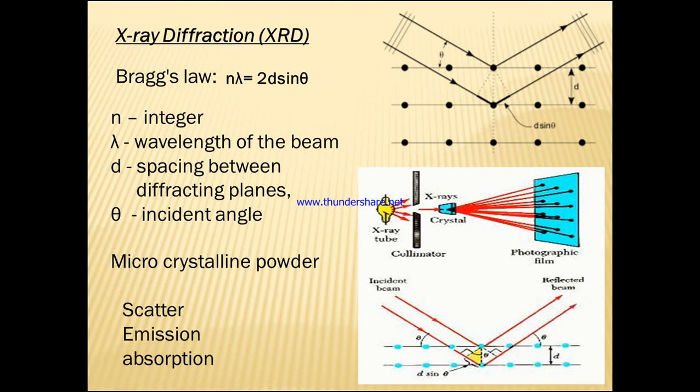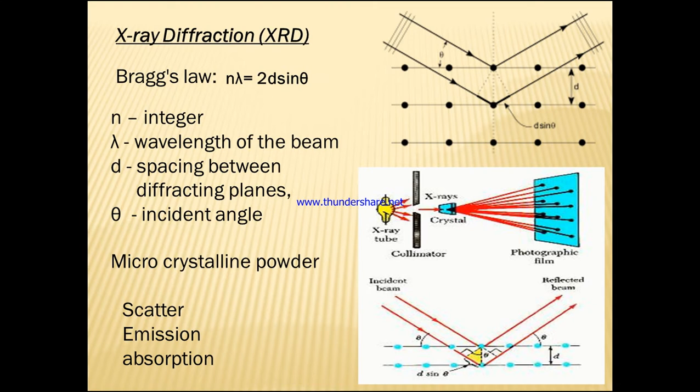Based on the scattering of X-rays by a crystal, we go for the analysis of the sample. That is called X-ray diffraction, or X-ray diffractometry. Here, based on the angle of diffraction, we can see in Figure 1 the X-rays diffracted from the sample.